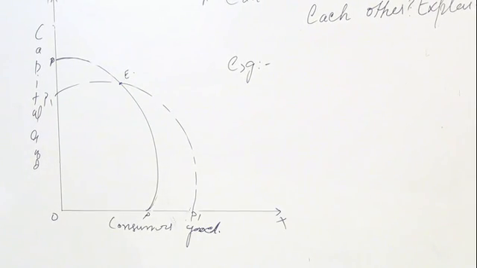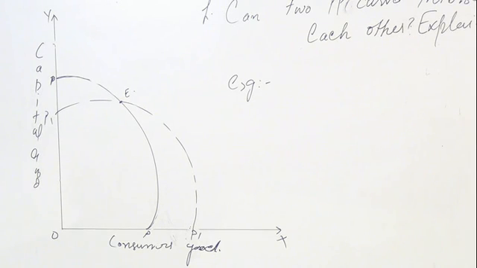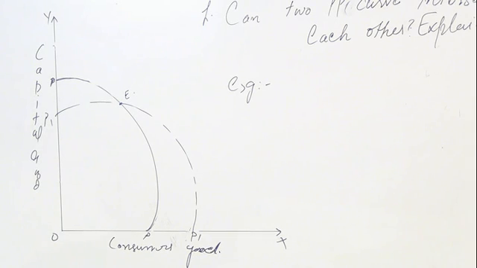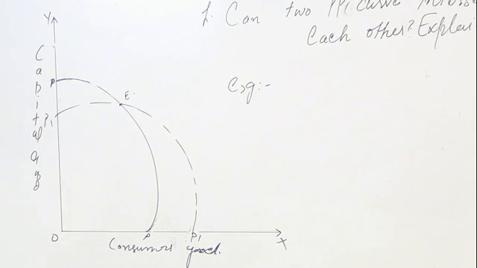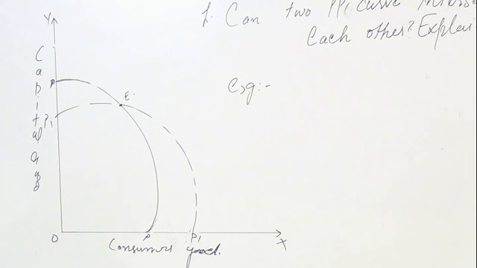I have already told you that when we draw the production possibility curve, we have to assume that we are only producing two goods, our resources are given, technology is same, etc. Then suppose there is obsolete technology in producing capital goods.